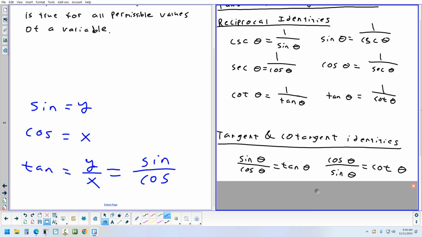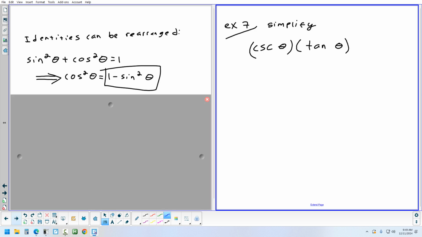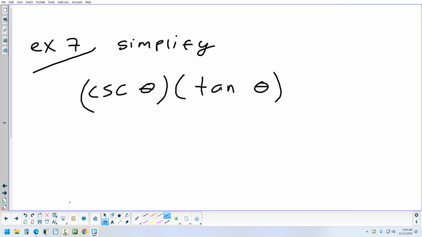Does everybody have those? Okay. So let's look at what we're going to do. Simplify cosecant times tangent. The trick to simplify that is to look at the previous page and basically substitute in for cosecant and tangent something else.